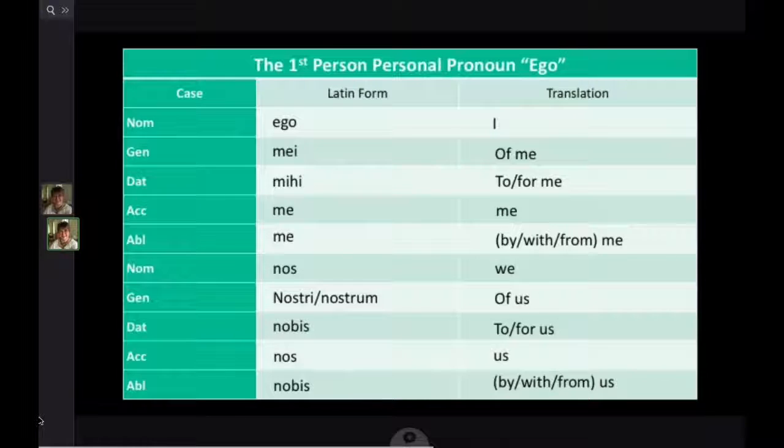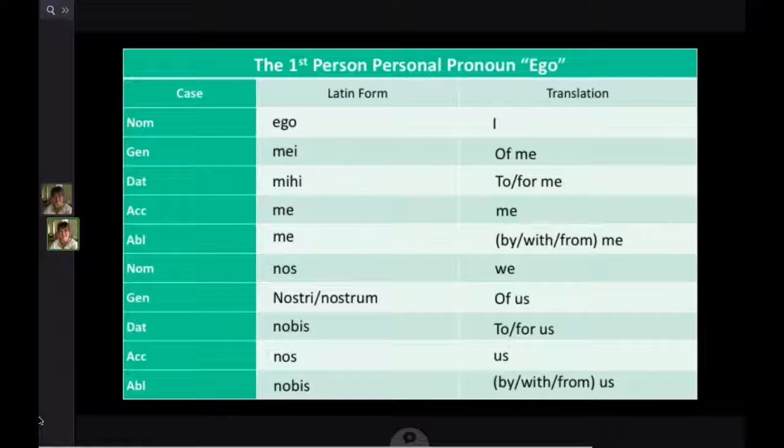Please pay careful attention to the English translations. Note that with the ablative in both the singular and the plural, the prepositions by, with, and from can be used with the ablative form of the pronoun. The reason that they are in parentheses is because they are not understood to be with the pronoun.